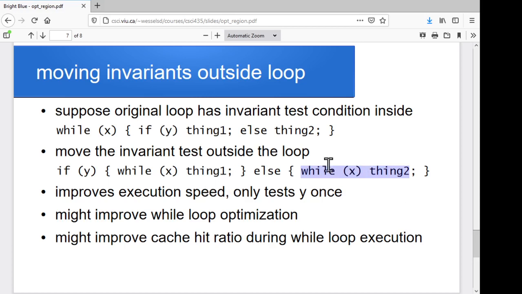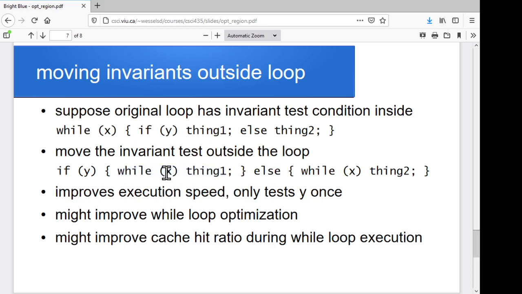So again, we've increased the size of our code somewhat. This is a tiny example, but if the while loop itself is more complex, then we might wind up with a much larger executable doing this kind of thing, but hopefully improving execution speed.